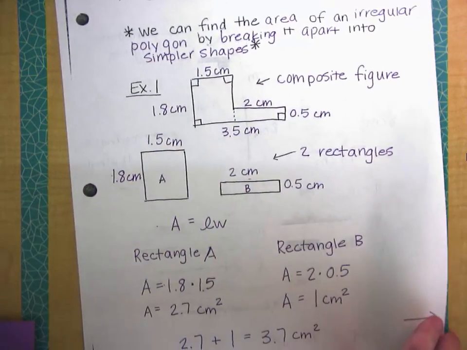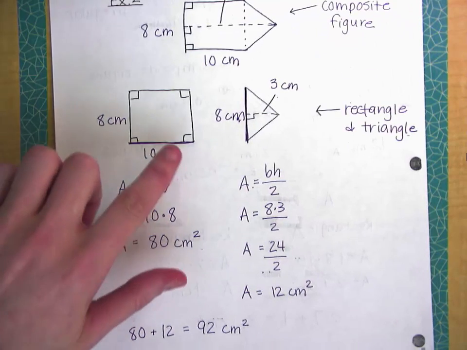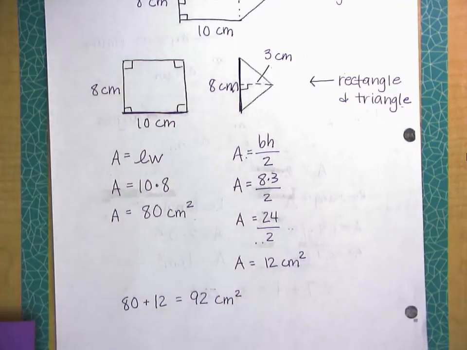So we used the formula to find the area of a rectangle. But on this one, we split it into a rectangle and a triangle. So you've got to use the formula for the area of a triangle on that one. Yeah. So it all just depends on what shapes you're going to be splitting it into. Okay? Any other questions?